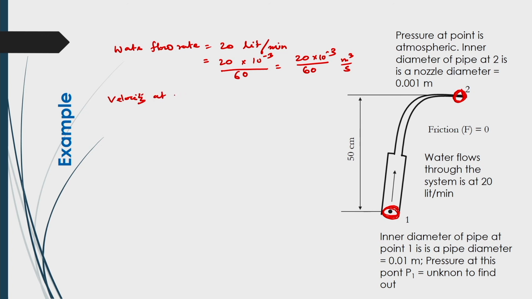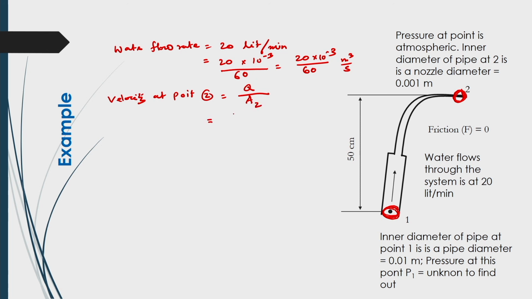And the velocity at point 2: if flow rate is Q in meter cube per second, you can calculate the velocity by dividing it by the cross sectional area at point 2.